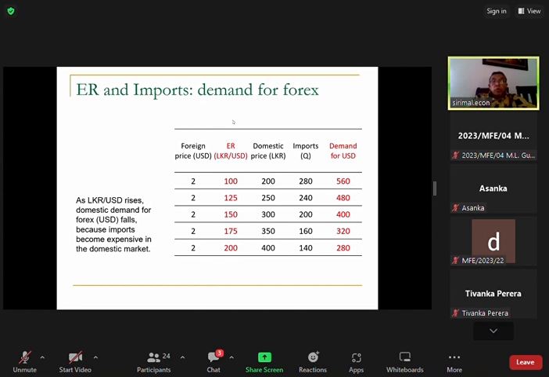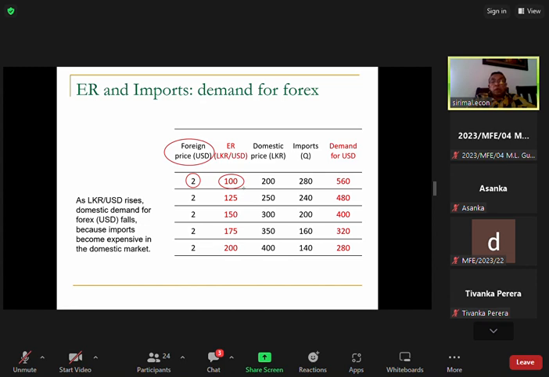Suppose that you want to import something and the foreign price of what you are going to import is $2. Yesterday I said what you import for $2 is a chocolate. So you want to import chocolates and the price of one chocolate would be $2. The exchange rate is 100 rupees per dollar.